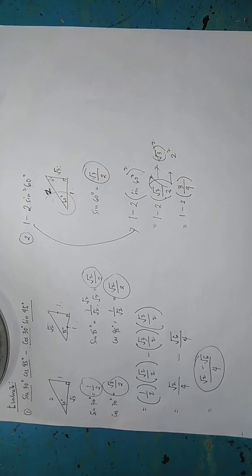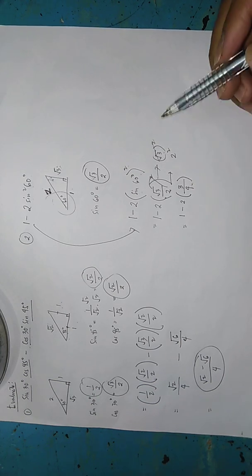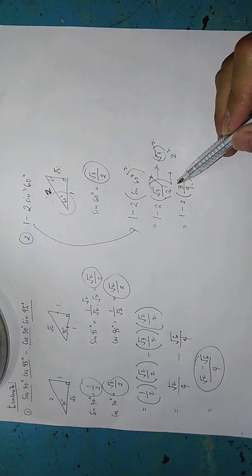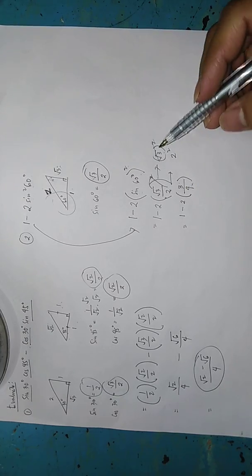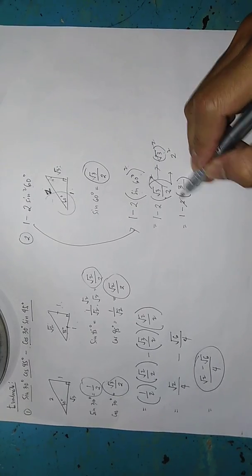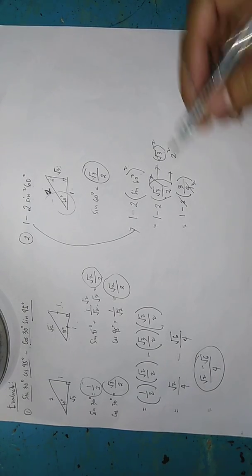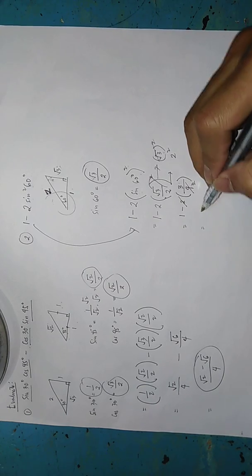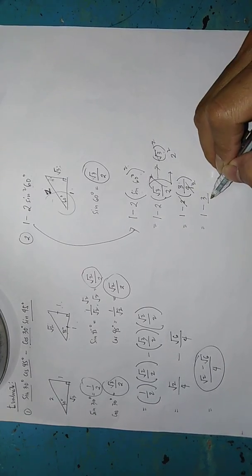The 2 in front, you multiply by the numerator. The 2 and 4 are divisible by 2, so 2 divided by 2 is out, and 4 becomes 2. So the answer now is 1 minus 3 over 2.